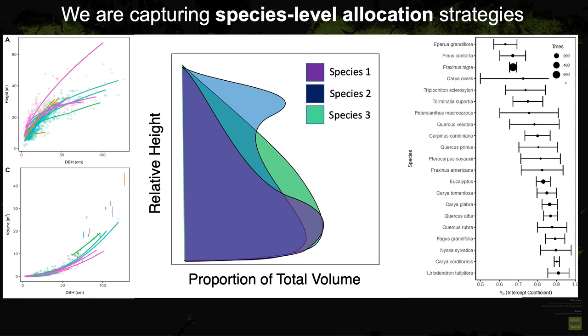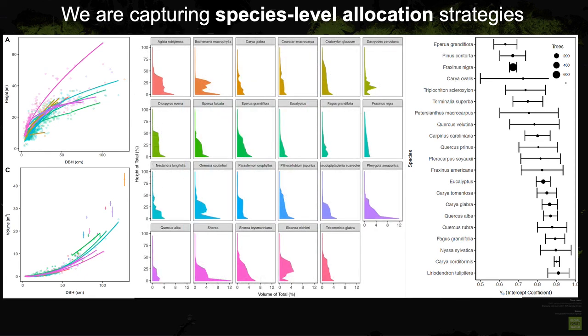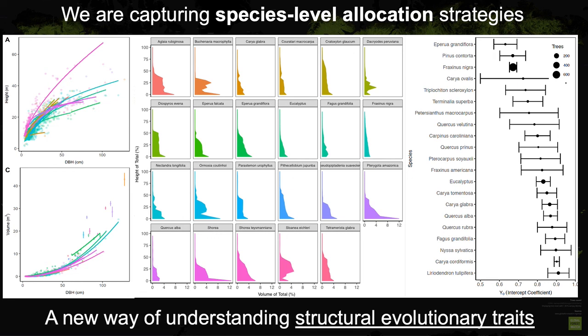We're also looking at this at the species level. So we can actually now, on an individual species level, look at the kind of structural signature, the vertical distribution of volume of those individual species. And we can take this to another level and use it to understand allometric scaling.